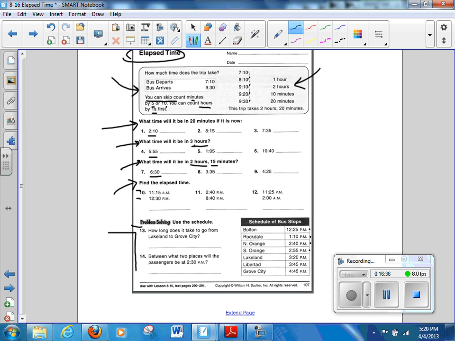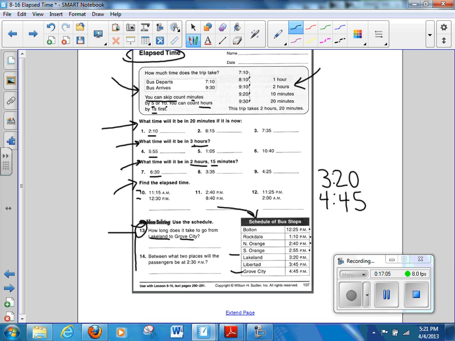Anyway, here's a question for us, number 13. How long does it take to go from Lakeland to Grove City? Well, I just read this bus schedule over here, and I know that Lakeland is here and Grove City is there. Here's practice in elapsed time. They said 3:20. So I'm going to jot that down in my notes or on another piece of paper. And at Grove City was 4:45.